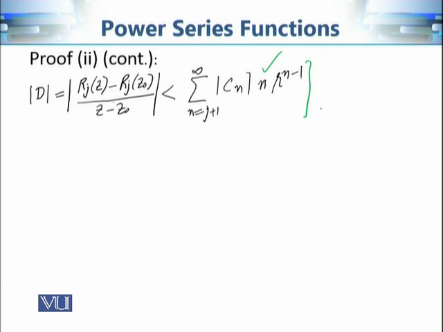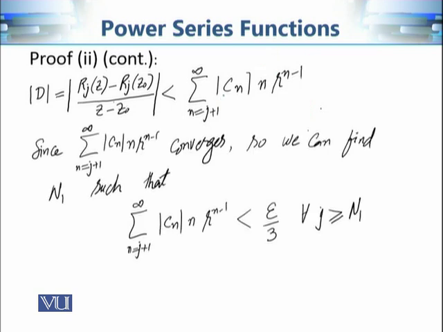So we can find, after some j, for example, if there is an integer n1 such that whenever j is greater than n1, then the sum of the tail end terms is less than epsilon by 3. So that's why this expression is less than epsilon, and that is the aim.